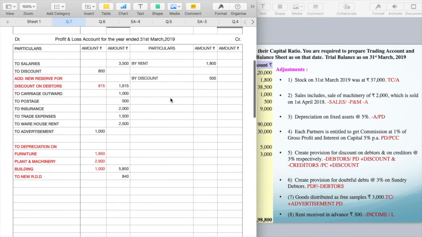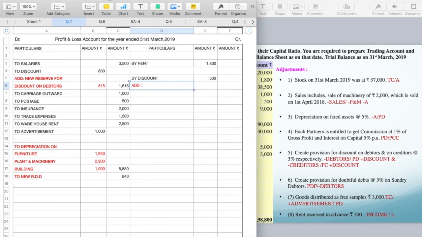Same way, the second effect of the reserve for discount on creditors will go to P&L credit side, and will add in the buy discount, add new reserve for discount on creditors 1,155. So in the outer column, the balance will be 1,655. Okay. So now fifth and sixth adjustment is done.